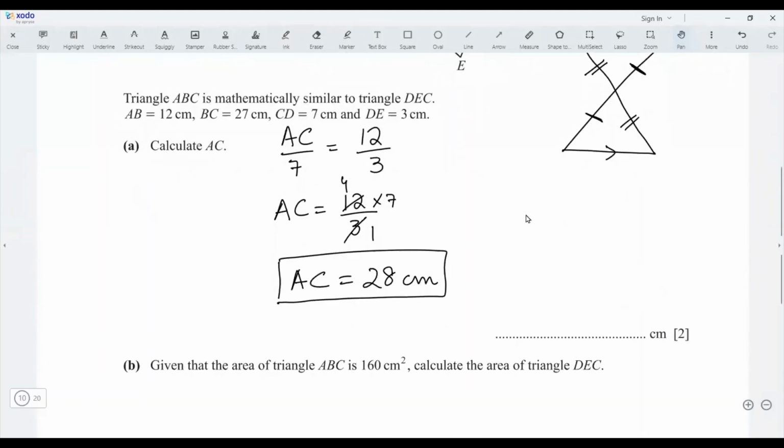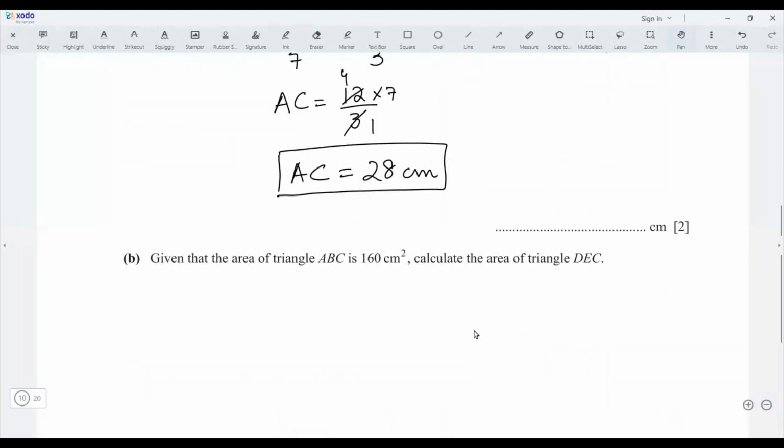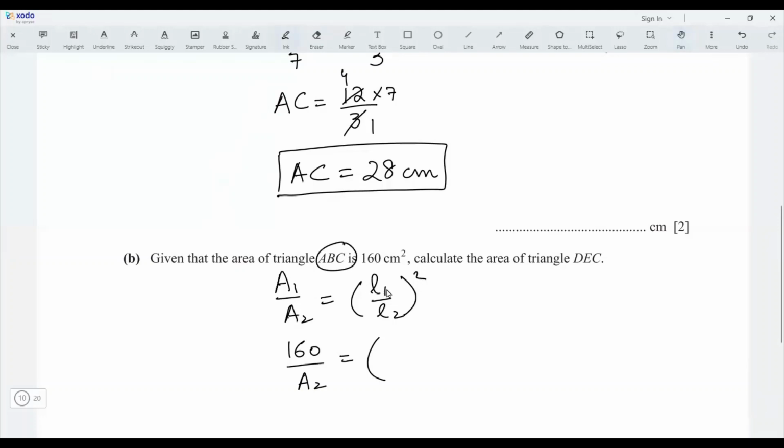So A1 is given. I'm writing down A1 over A2 equals L1 over L2, all squared. So A1 is 160 divided by A2. L1 must be the length from the very first diagram, meaning if we suppose ABC as the first triangle, its length must be L1.